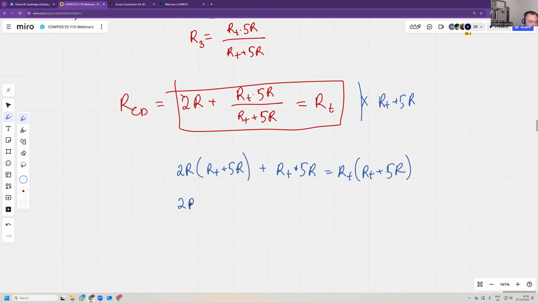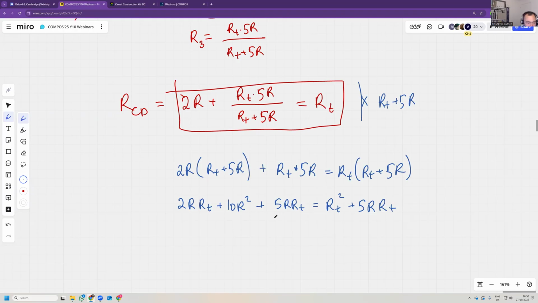Okay, 2R RT plus 10R squared plus 5R RT equals RT squared plus 5R RT.